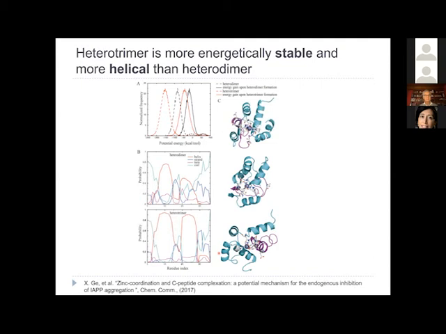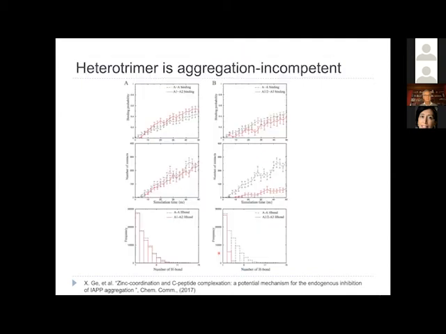So we believe this will stabilize the IAPP and prevent it from further aggregation. And this is just a test, adding another incoming free IAPP. We show that because the IAPP in this complex is highly helical, and its amyloidogenic region is protected, it does not form interchain hydrogen bonds with the incoming one.